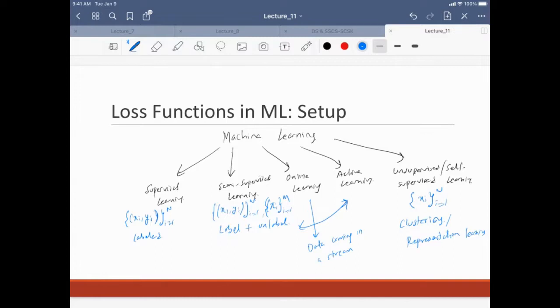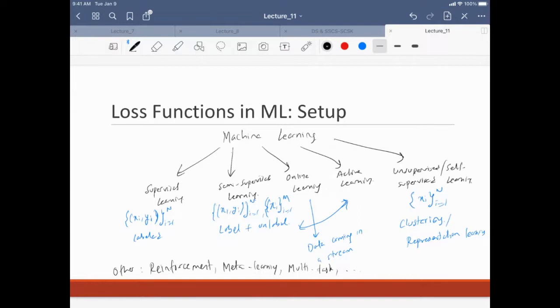So I'll write this down: there are other forms like reinforcement learning, meta learning, multitask learning, and so on and so forth.